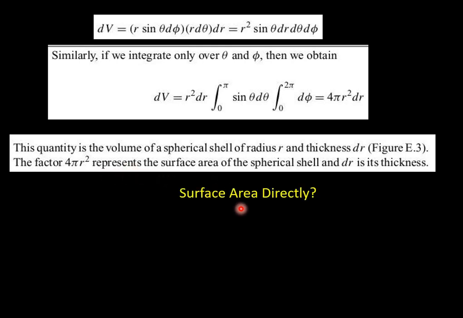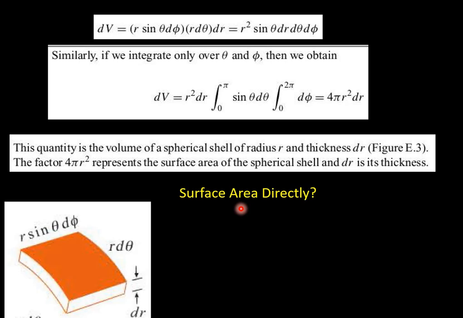Now the question is, can we get the surface area formula 4 pi r square directly some other way? Yes, there is. If we consider the same figure and just ignore the dr part, the thickness part, then we get the orange part, that means the area. That is r sin theta d phi into r d theta.